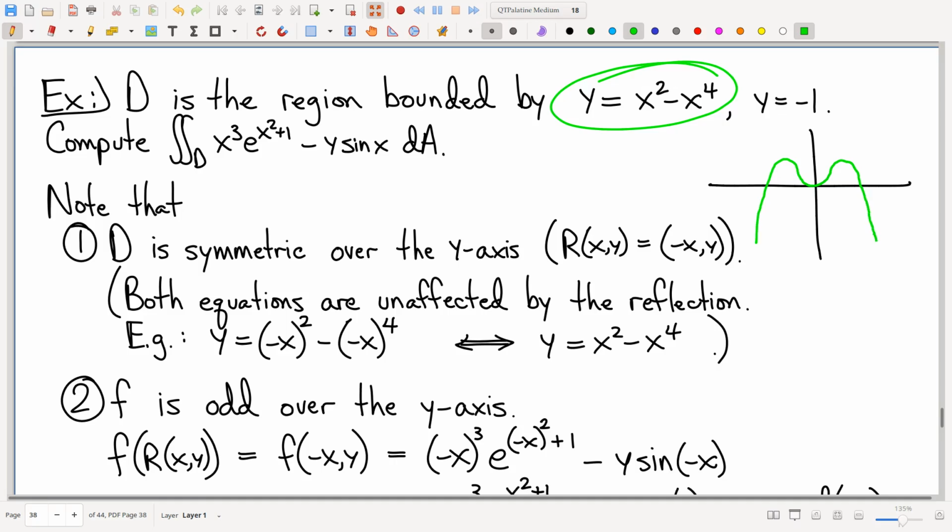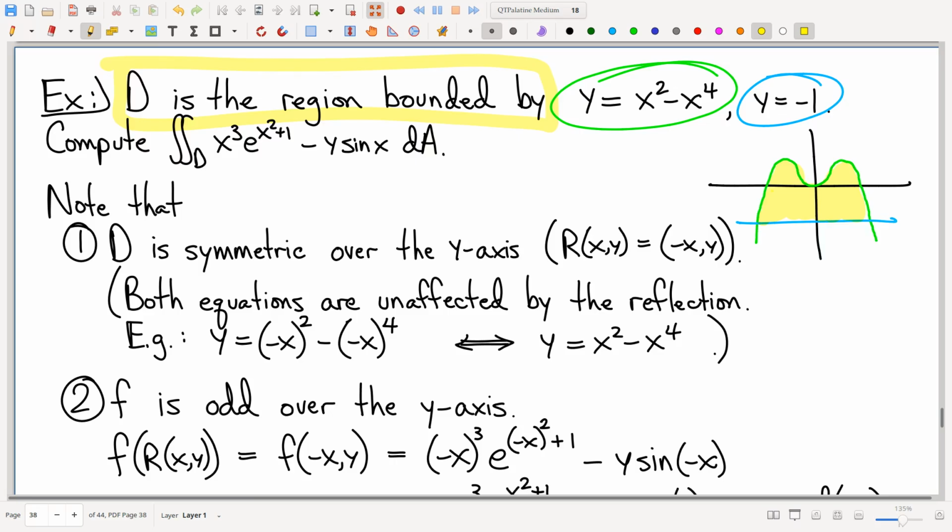Something vaguely kind of like that. This curve right here, y equals -1, is going to be something like that. We are interested in this region that's bounded by those curves. It's something like this, and I'm going to point to the picture and say, well, it's pretty clearly symmetric.